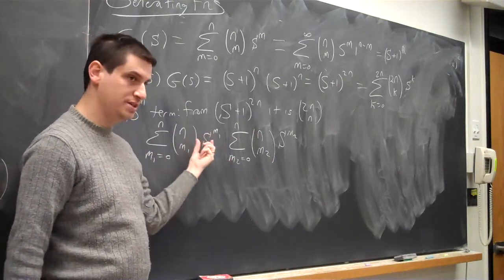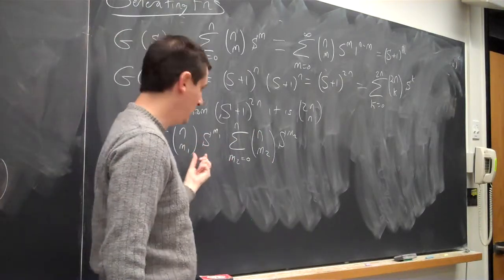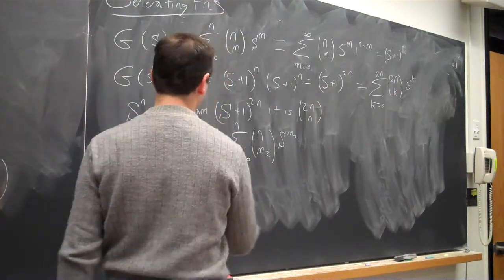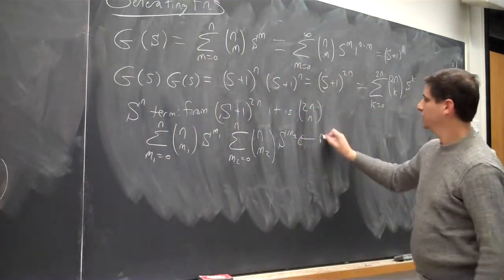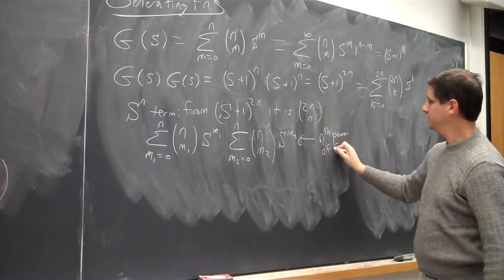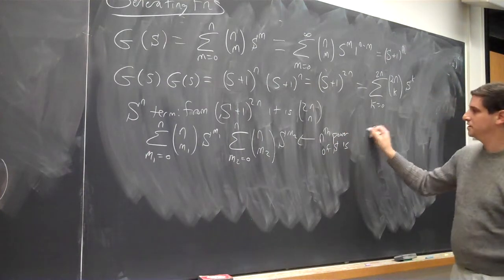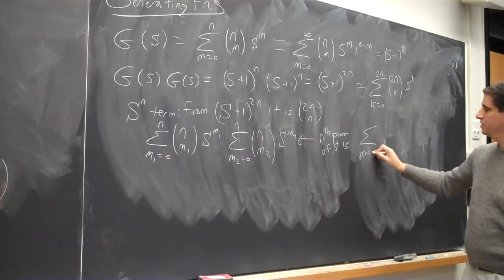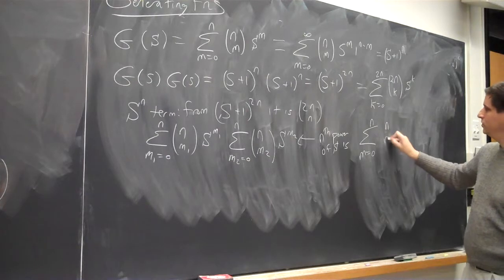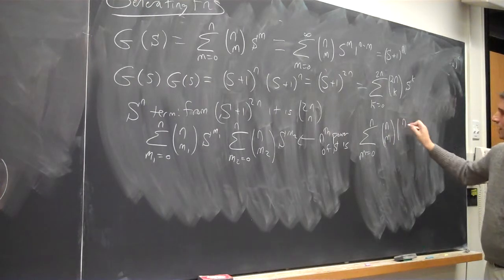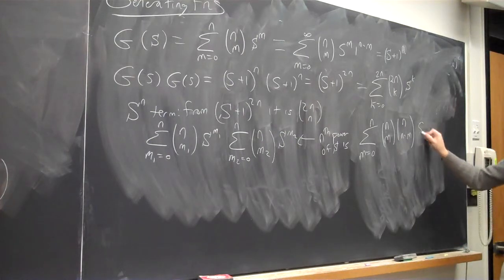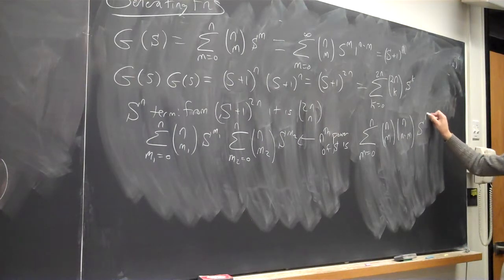Well, whatever power this is, if this is to the mth power, this would have to be to the n minus mth power. So the coefficient of the nth power of s is just going to be the sum, m goes from 0 to n, of n choose m, n choose n minus m, times s to the n.